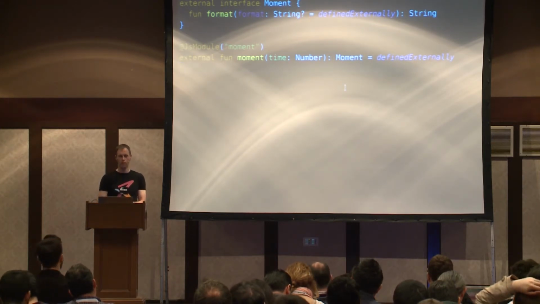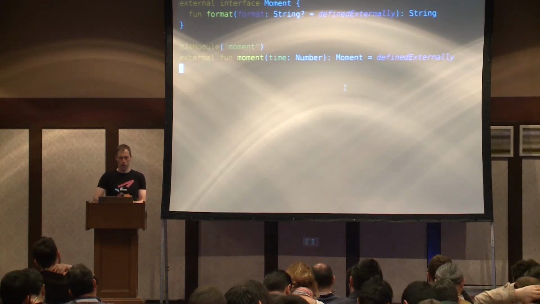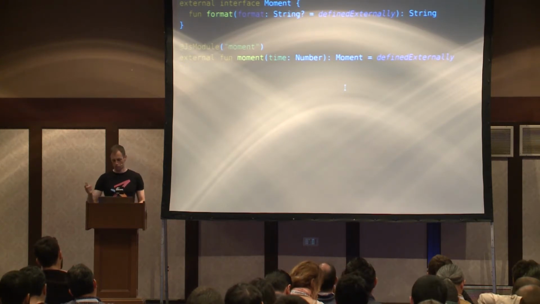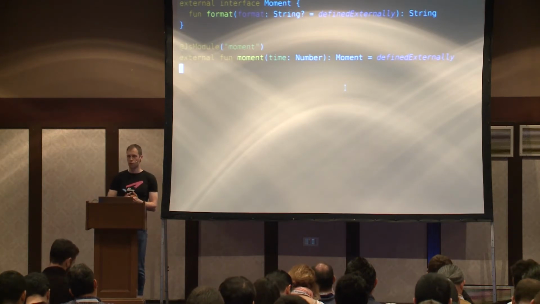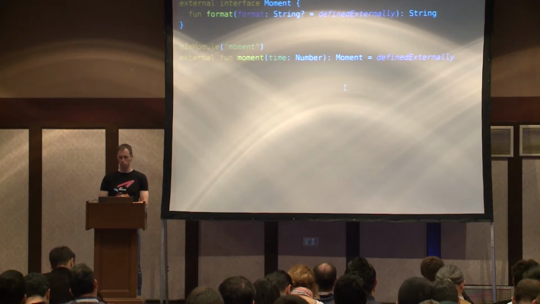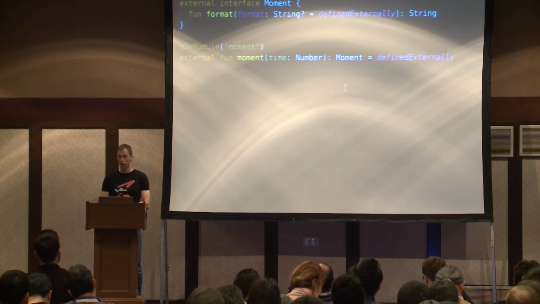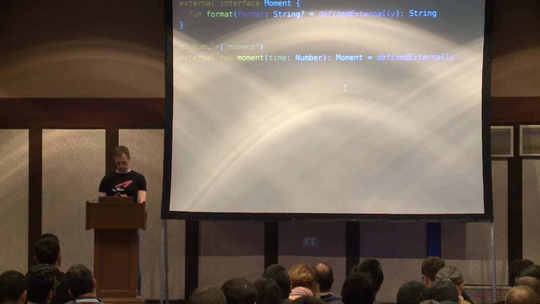This is how we can use existing JavaScript code from our Kotlin code. In npm we add the dependency for the moment library, and then in Kotlin we just delegate these Kotlin methods to native JavaScript code. It's kind of similar to DefinitelyTyped in TypeScript.